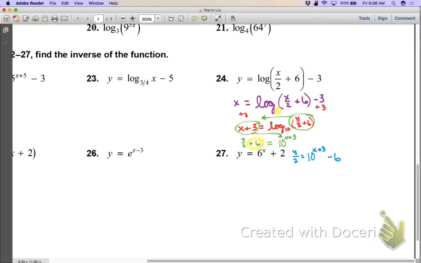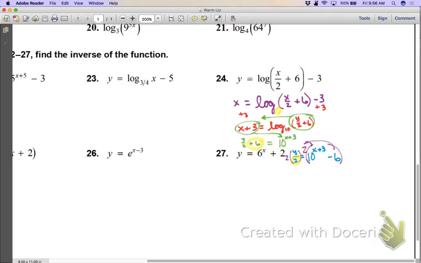Now, the tricky part is getting rid of this 2. How do I get rid of the 2 that's on the bottom side? Multiply everything by 2, right? So whenever I multiply everything by 2, that means that the 2 is going here and there.